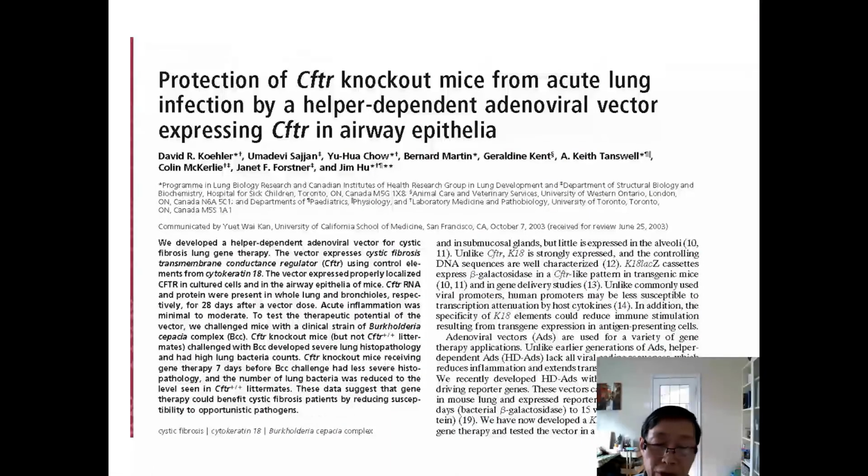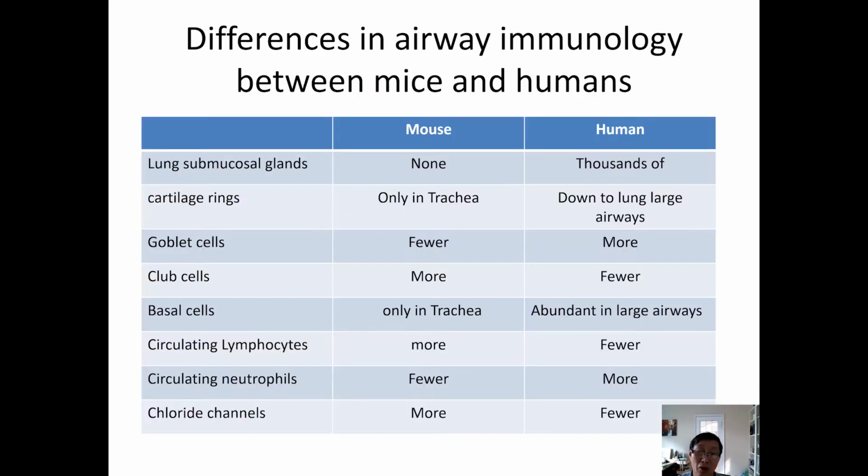In 2003, we showed that we can protect CF knockout mice from acute lung infection by delivering a helper-dependent adenoviral vector expressing the human CFTR gene. Although CF mice are relatively easy to handle and cost-effective, they are not ideal for testing CF functional correction.